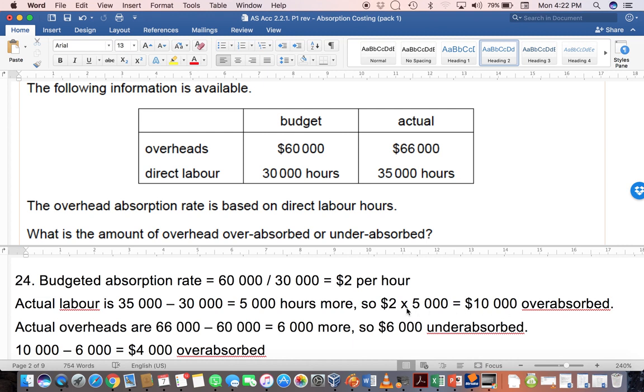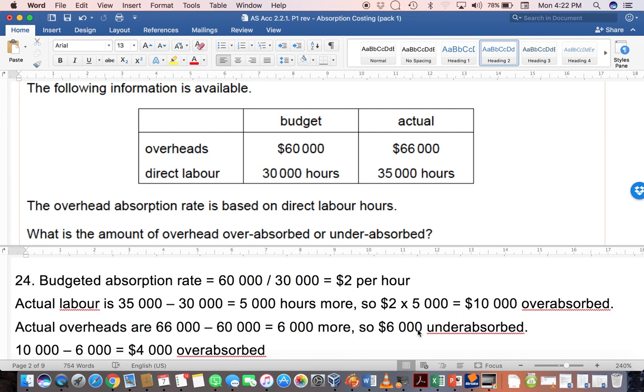So in this case, it's $10,000 over-absorbed for the $2 per hour times the 5,000 hours that were higher than expected. The actual overheads also need to be compared to those budgeted, and you can very easily see that the difference is $6,000 that were higher, which means that 6,000 would have been under-absorbed.